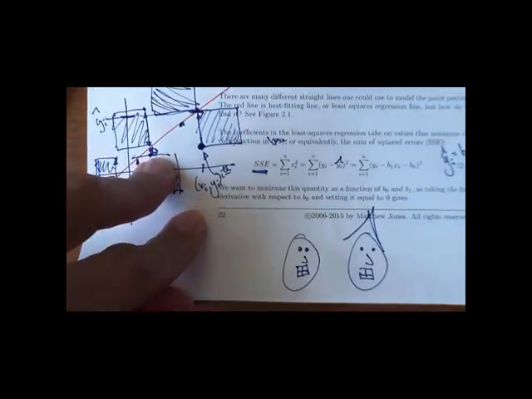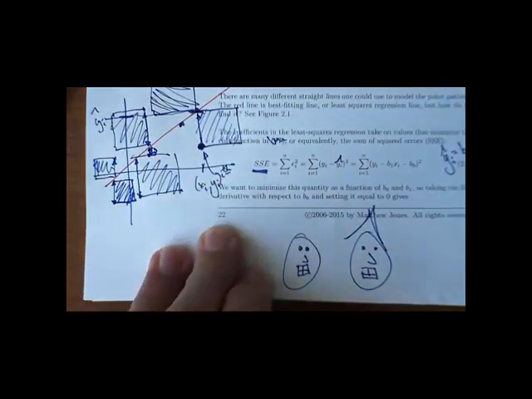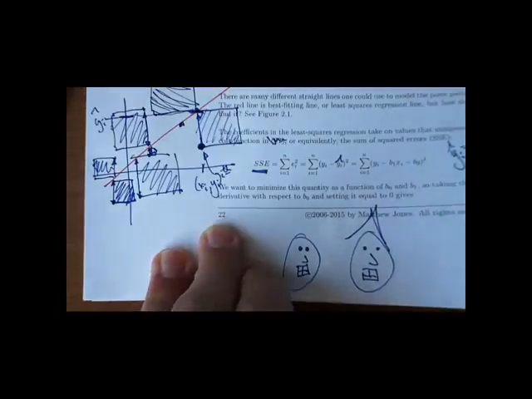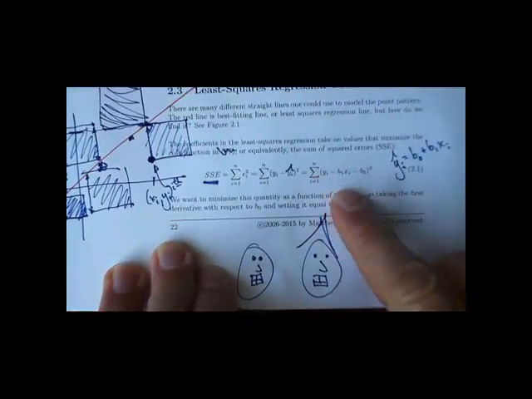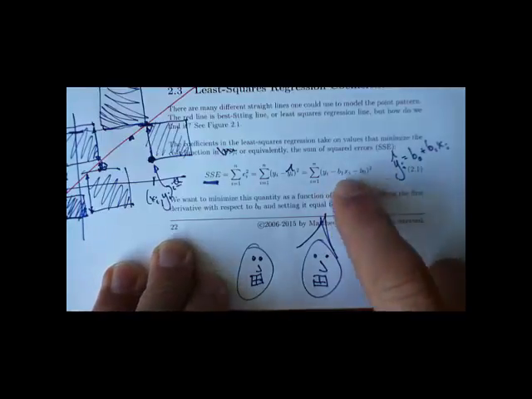So what we want to do is minimize this cost function, this sum of squared errors, with respect to the slope and the y-intercept. We want to find the slope and y-intercept values that make this sum smallest. It turns out you can show that this function is concave upward in these two variables, b0 and b1.